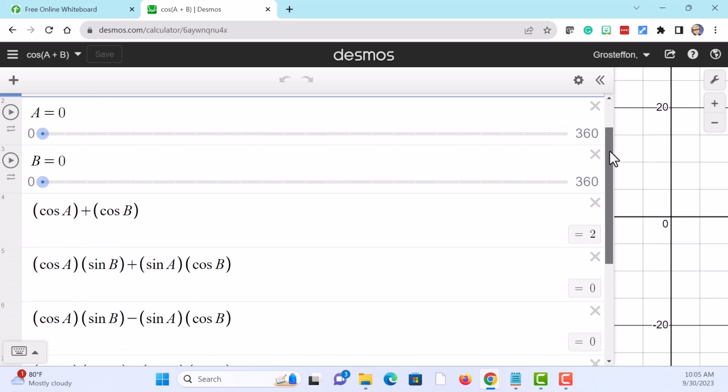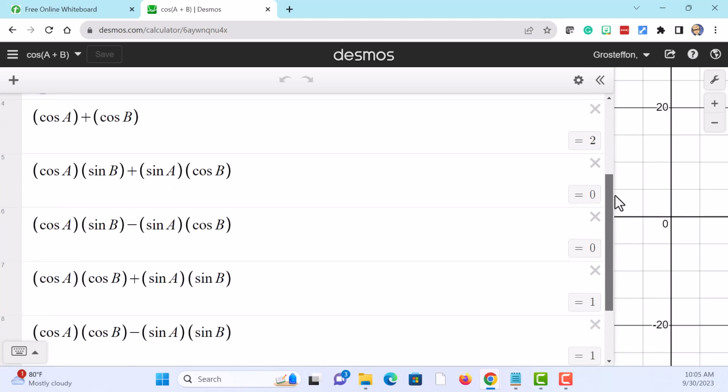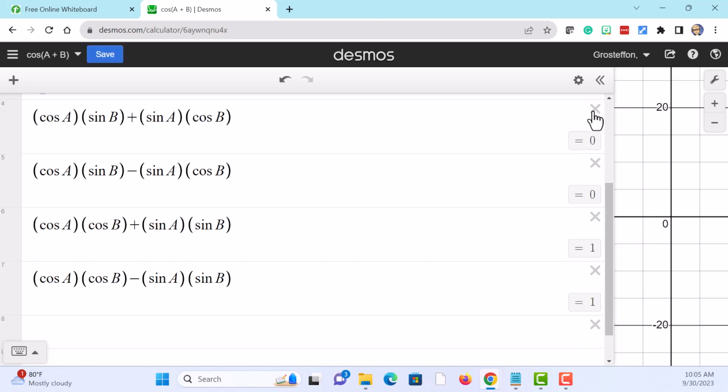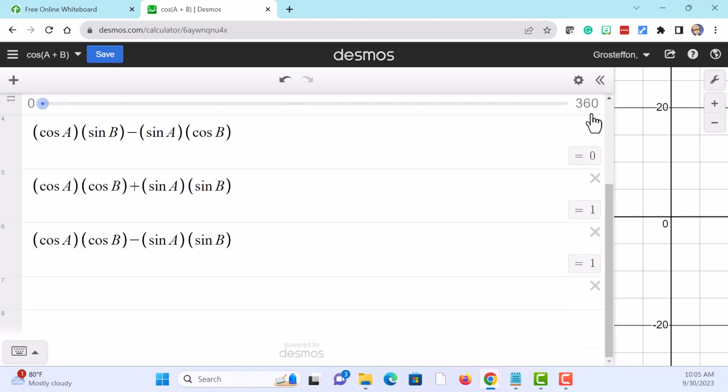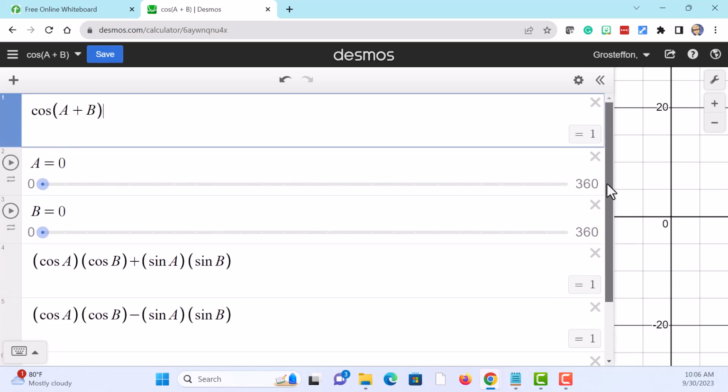If we scroll down to the other expressions, we see that cosine a plus cosine b is 2. That's different than 1, so we'll eliminate that as one of the options. Cosine a sine b plus sine a cosine b, that's out. So is cosine a sine b minus sine a cosine b. But the other two are still in the running. Both of those expressions are still equal to 1.